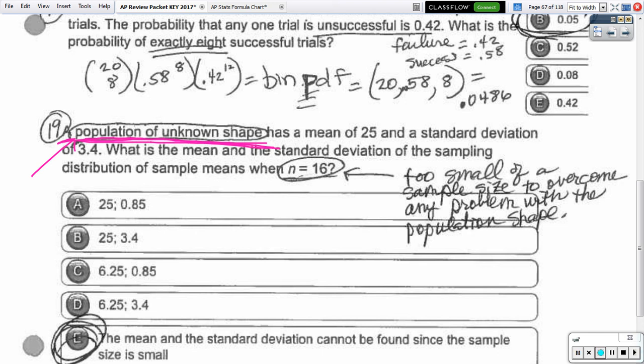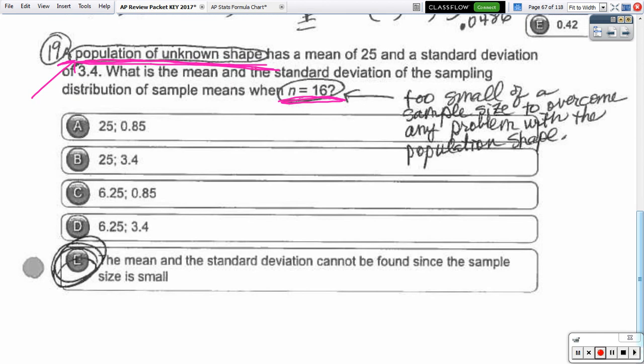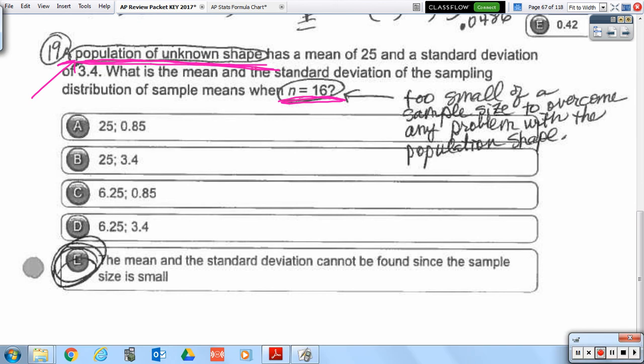Then you have to go, whoa, this is only a sample of size 16, and they do not tell me it's normally distributed, so I do not know. So the mean and standard deviation cannot be found since the sample size is too small.